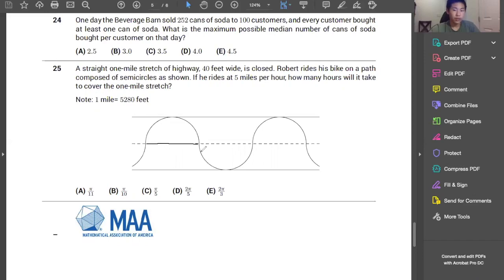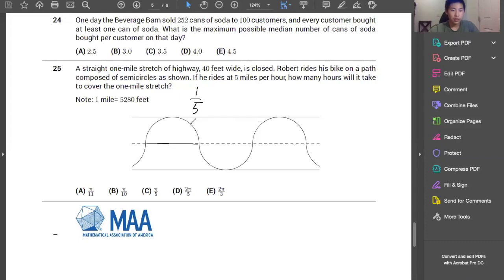So we can just calculate how inefficient that is, and also consider how long it would have taken him at a normal pace on a straight line. So I'll try to explain that. So riding at 5 miles per hour and traveling 1 mile, well, on a straight line, that would take him 1/5 of an hour. Obviously 1 over 5, right?